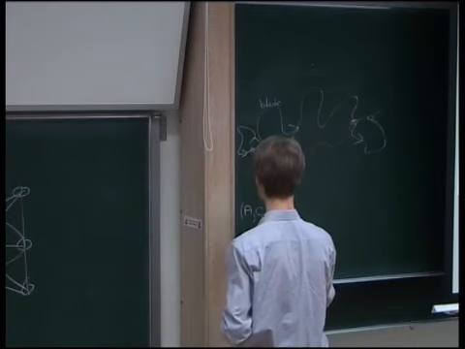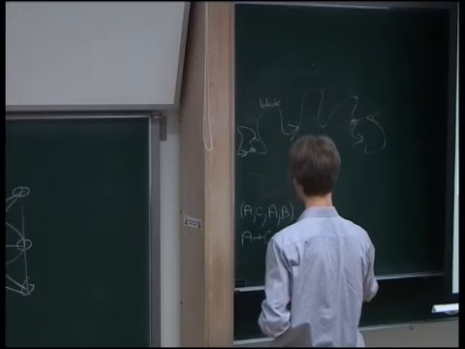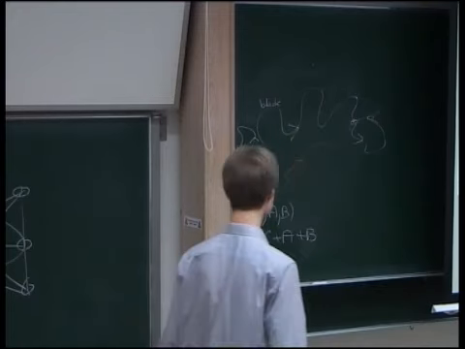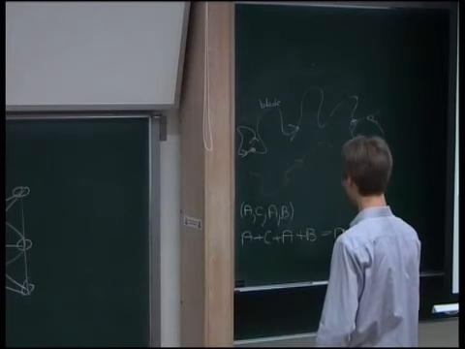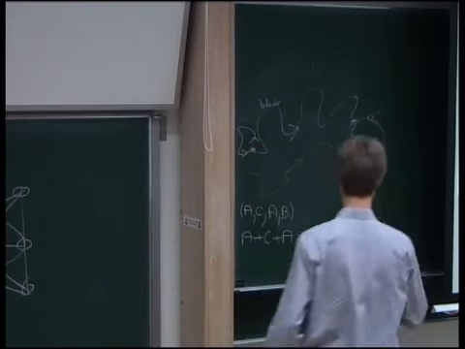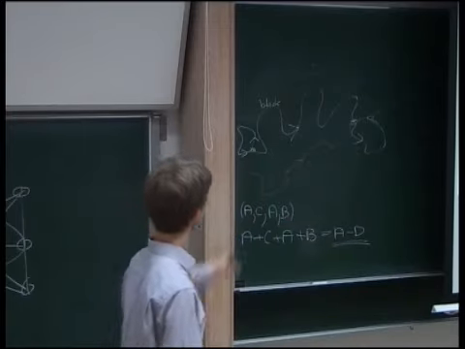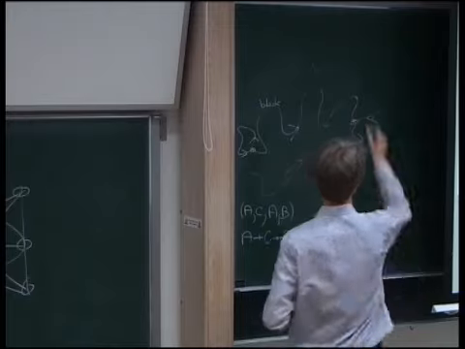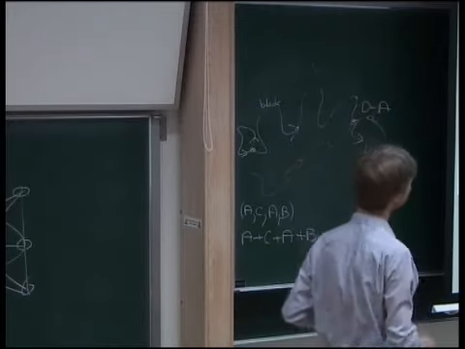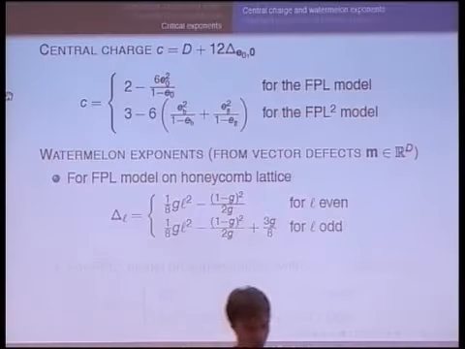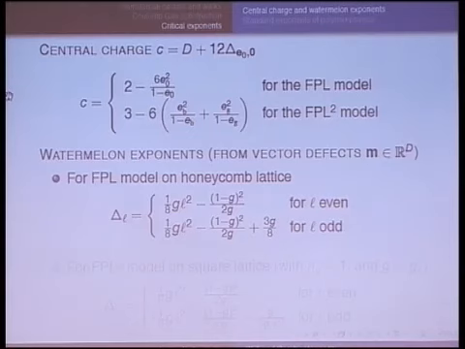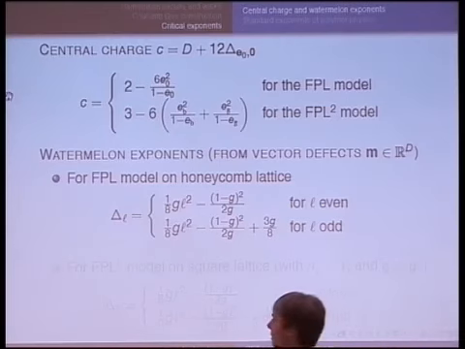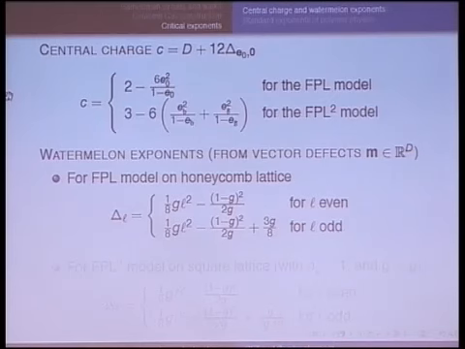So the sum of these is not 0. It is equal to A minus B. So there's a vector defect here, and then there's the opposite vector defect up here. And those I can just insert into my formula to get these watermelon exponents for L strands going from one point to the other.